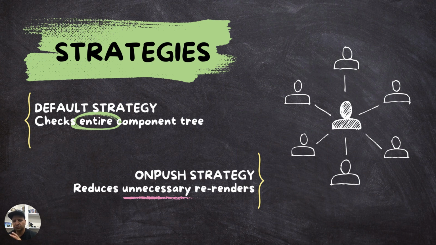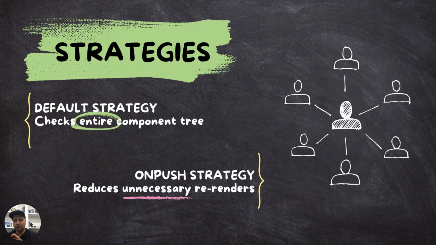So we're just focusing on checking a specific branch of the nodes in the component tree rather than the entire tree. So this is great and works nicely. And now you're able to essentially increase your performance because Angular checks only a specific tree.